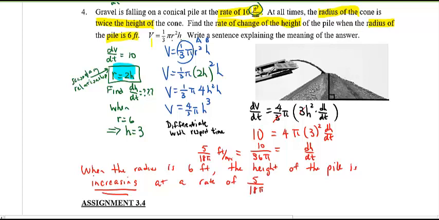Be careful here, make sure the pi is in the denominator. Feet per minute. Woo!